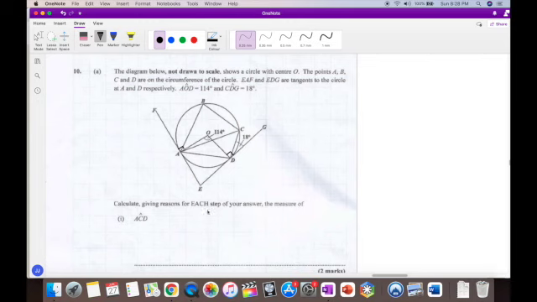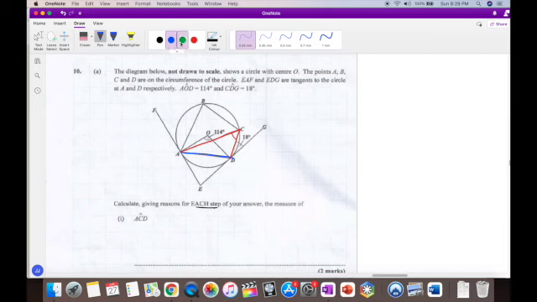Calculate, giving reasons for each step of your answer, the measure of angle ACD. So ACD is this angle over here. And if we notice, this ACD is subtended by this chord.